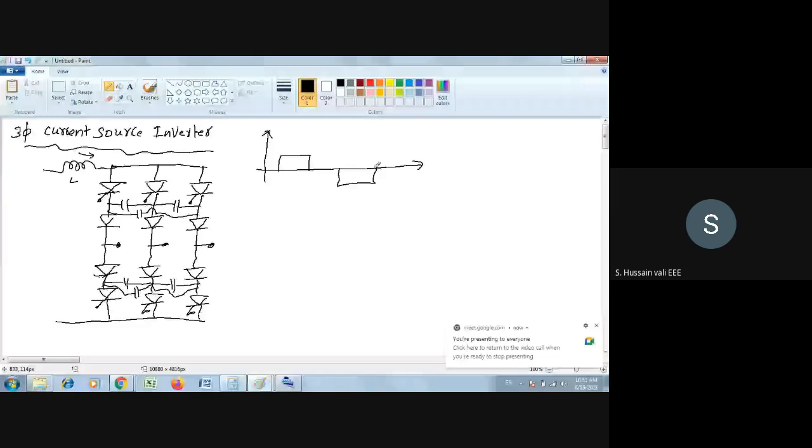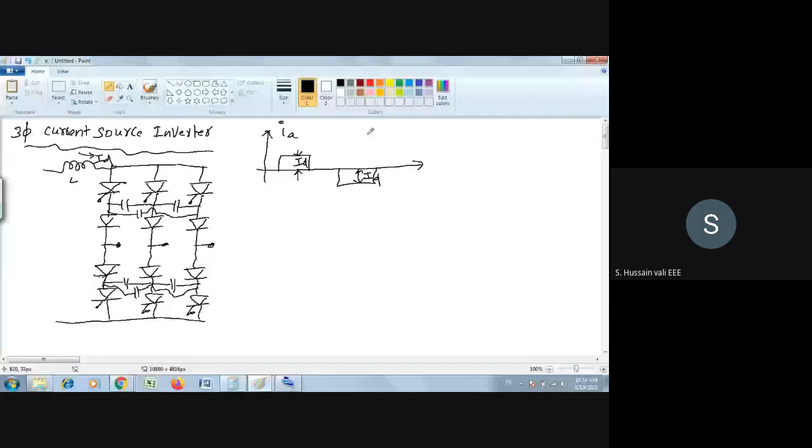It is a non-sinusoidal one, and this is IA. You can take any one phase. This height you can take as ID. Since it is non-sinusoidal, it will resolve into sinusoidal components using the Fourier series.